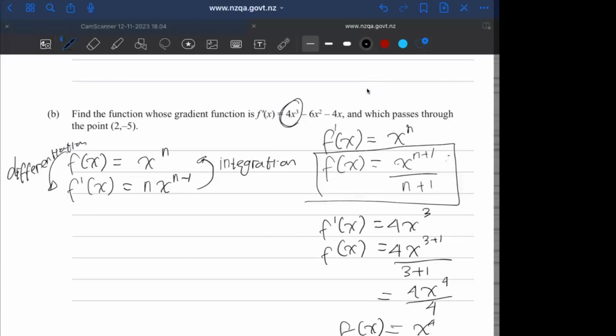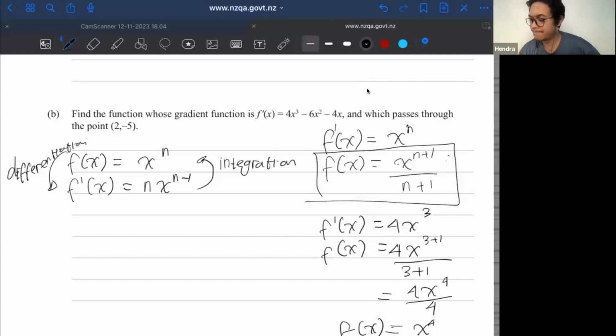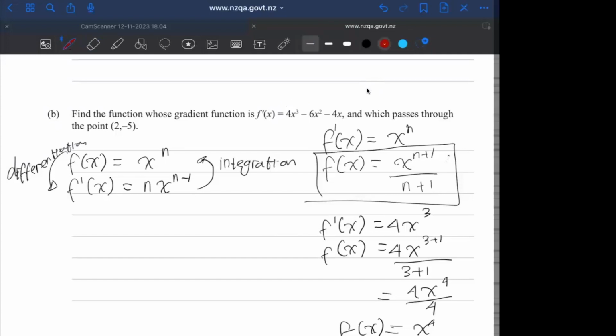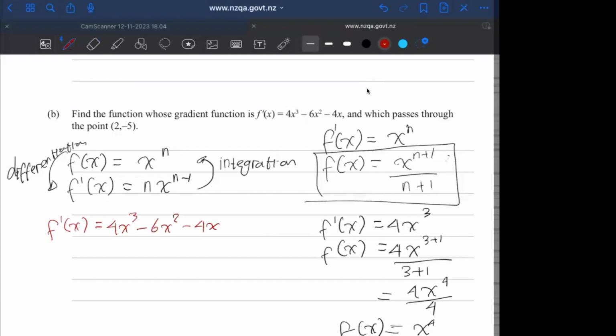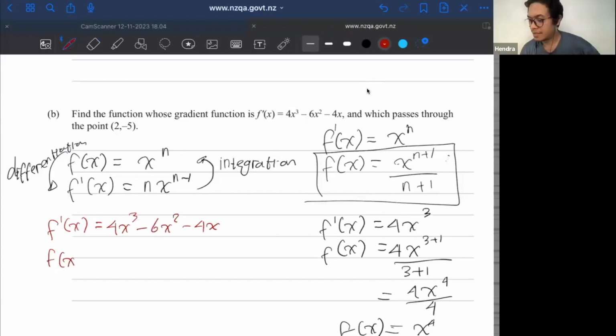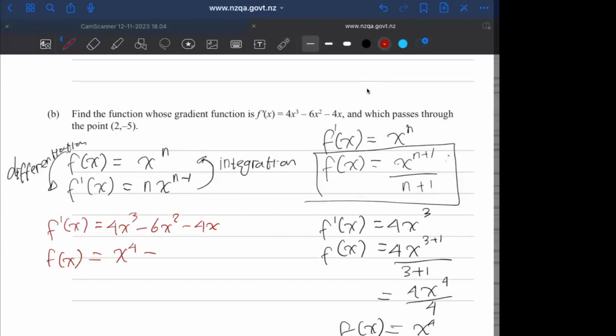So then for that first one, I'll just write down the equation in my book: 4x cubed minus 6x squared minus 4x. So the first one is obviously x to the 4. How about the second one? Hold on.